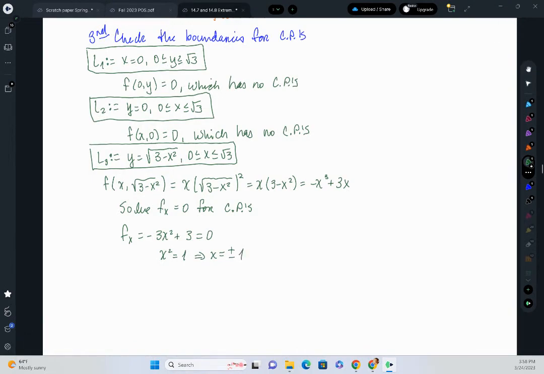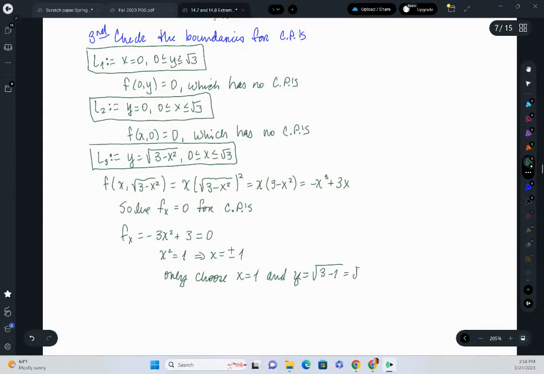Now we have to remember our domain. Our domain has us in the first quadrant, which means x equals negative 1 is not one of the solutions. So only choose x equals 1 and y equals the square root of 3 minus 1, which is the square root of 2. Okay, that will be in our domain.